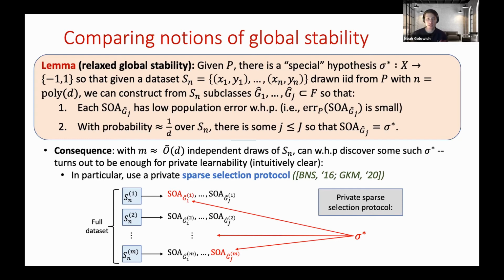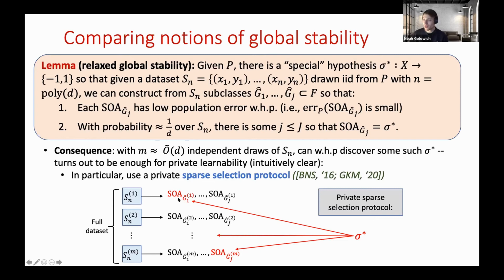It turns out that there have been a bunch of techniques in the differential privacy literature which allow us to do exactly this. So what we do is apply a private sparse selection protocol by Ghazi, Kumar, and Manurangsi, which completes the proof of our main upper bound.